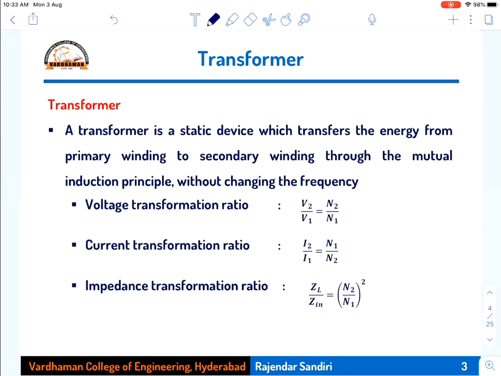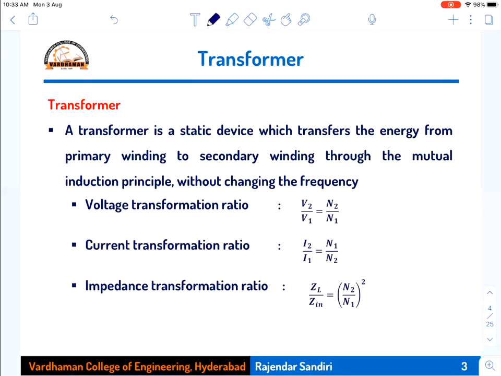Voltage transformation ratio. Voltage transformation ratio means if the voltage across the primary winding is V1, and the voltage across the secondary winding is V2, then how these two are related in terms of turns ratio. Turns ratio is N2 and N1. The number of turns in the primary winding is N1, the number of turns in the secondary winding is N2. Then how these numbers of turns are related to the voltages at the primary and secondary.